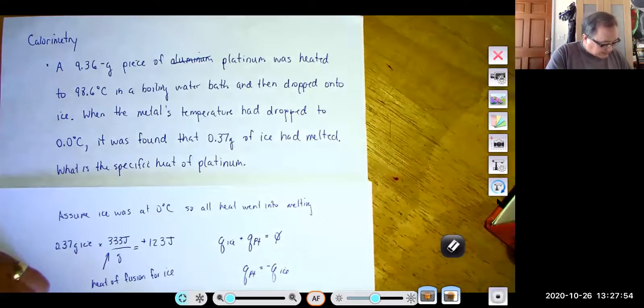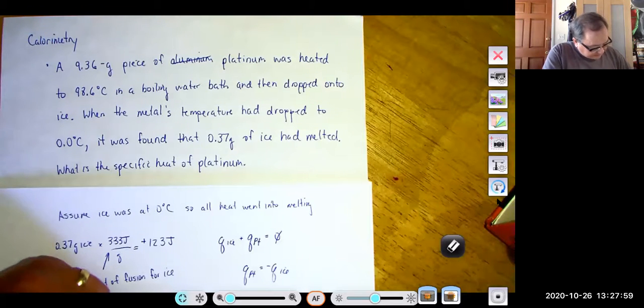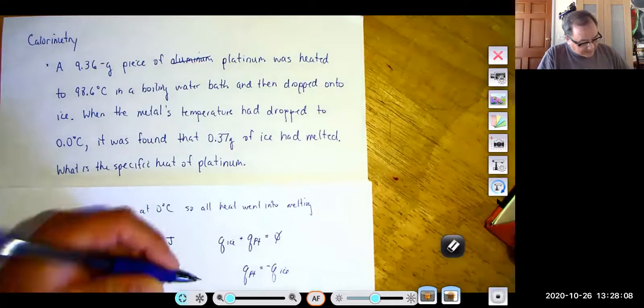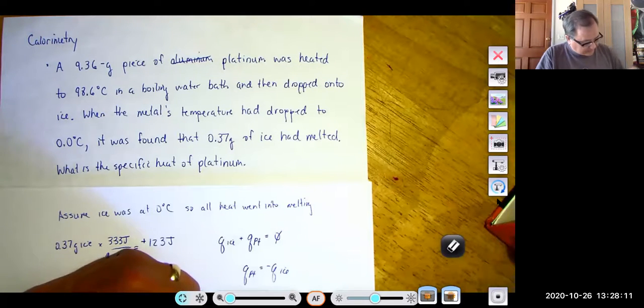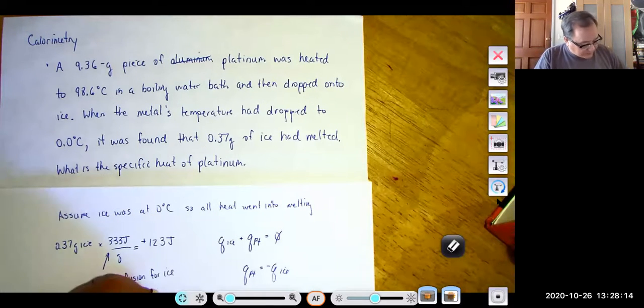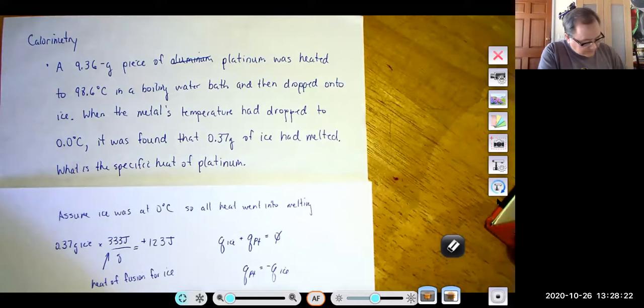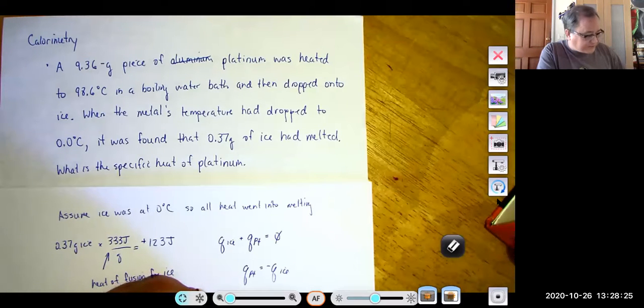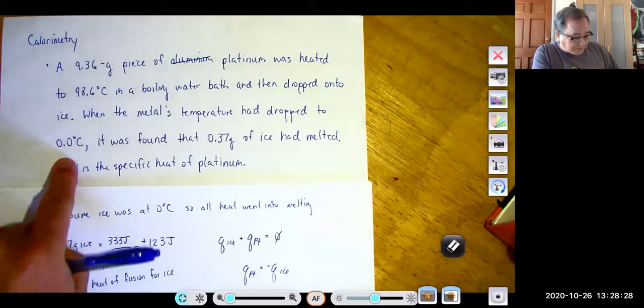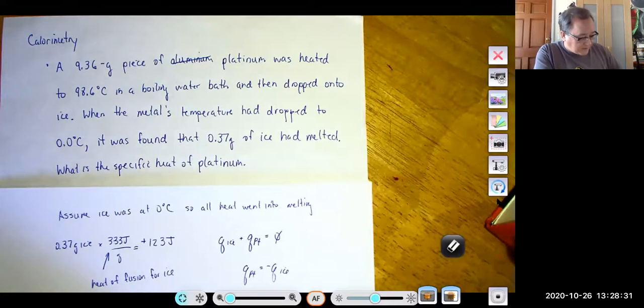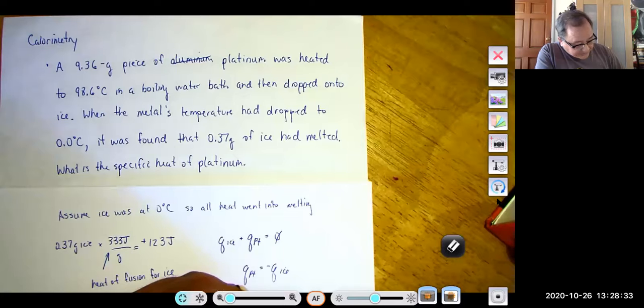Now, to calculate the specific heat capacity of the platinum, you're going to need the Q of the platinum over the mass of the platinum times the change in temp of the platinum. The Q of the platinum is minus 123 joules. The mass of the platinum was 9.36 grams. And the change in temp of the platinum is 0.0 degrees Celsius, so the metal's temp dropped to 0. That's the final temp.